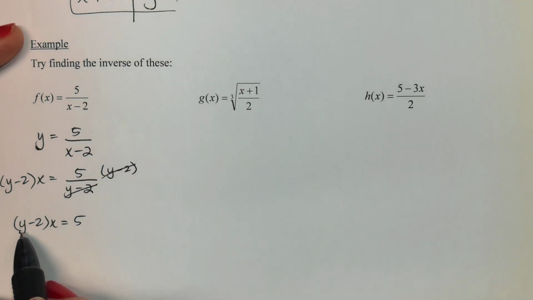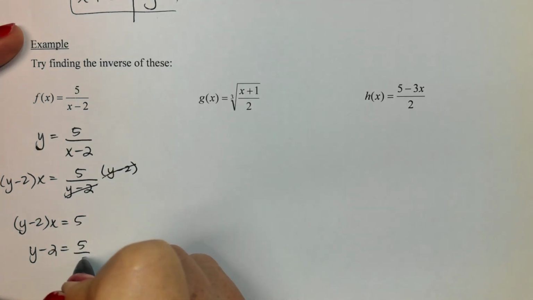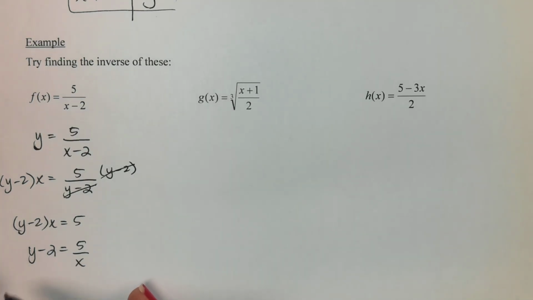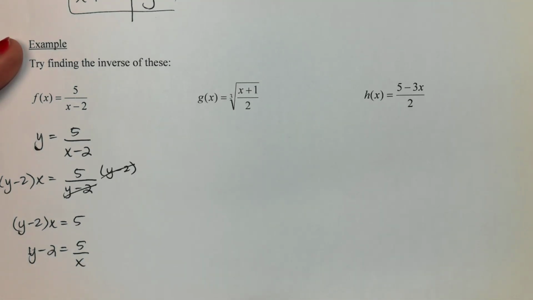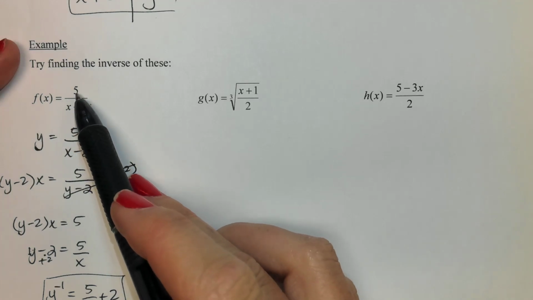Remember, you're solving for y, so I'm just going to divide by x. And that's okay having that down there. Since we're solving for y, y is the one we want to get up out of the bottom of a fraction and have it kind of sitting on that main level. And then we'll add 2 to both sides. There's my inverse.